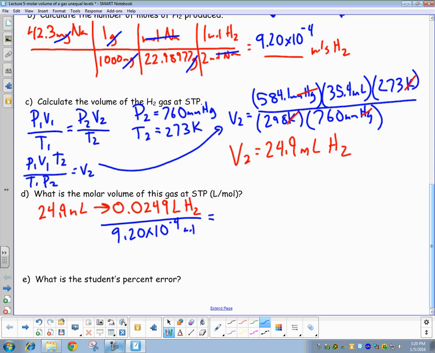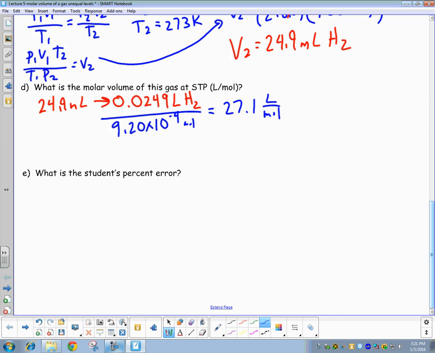And I get a final answer there of 27.1 liters per mole. We've talked about it multiple times at this point in the unit, what that number should be. The molar volume of a gas at STP comes from our discussions back in December with the mole map, that value should be 22.4 liters per mole.